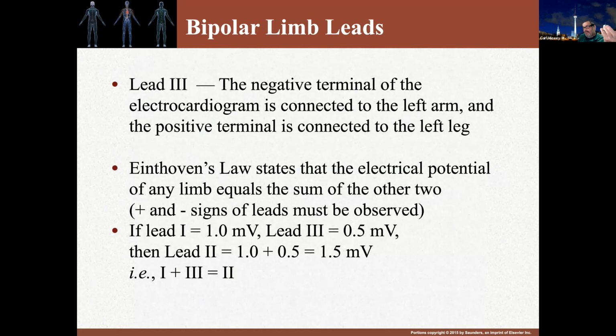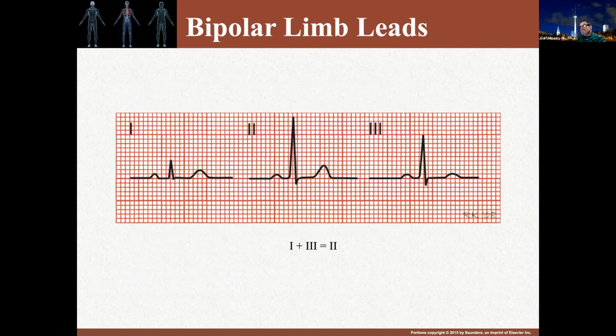And to put some numbers on it, if lead 1 has 1 millivolt, which would be a vertical 2 big boxes, lead 3 has a positive 0.5 millivolts, 1 big box, then lead 2 is going to be 1.5 millivolts. And again, to just demonstrate that, 1 plus 3 equals 2.